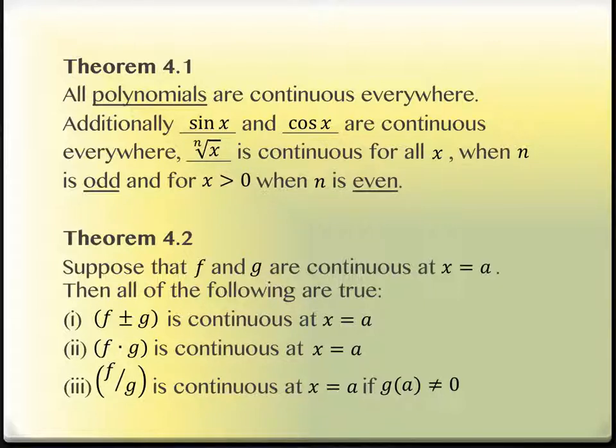How can I find these limits? Well, I can add, subtract, multiply, and divide. And the same is true, this is telling me, for continuity. So if we have f and g continuous at x equal a, then all of the following are continuous. The sum, the difference, that's number 1, the multiplication, and then the division as long as the denominator is not 0. We're going to see that also. That crops up all the time. There's this extra condition when we have denominators.